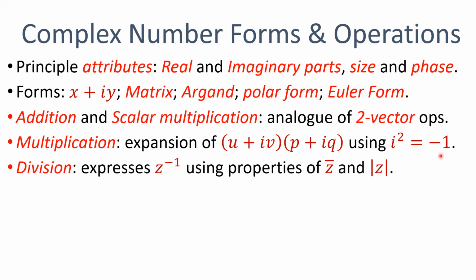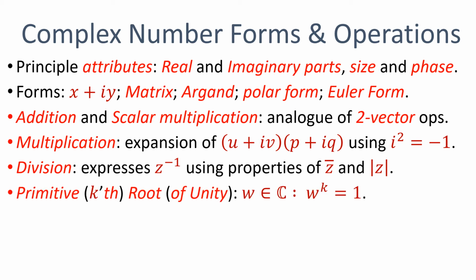Division involves exploiting properties of the complex conjugate and complex number size. Primitive root of unity: we take a complex number, we raise it to a particular power, and the outcome of that computation is the real number 1.